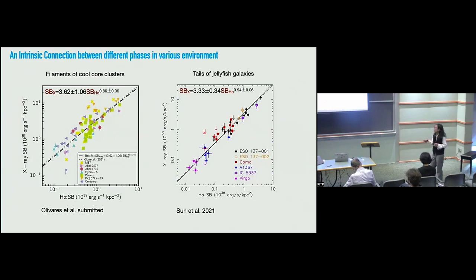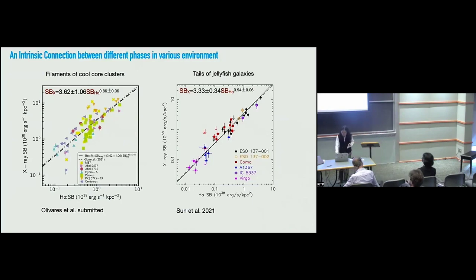It's actually very hard to visualize, because the solid line is our best fit and the gray dashed line is the best fit from the jellyfish galaxy result, and they almost overlap. It's so hard to see the difference. There is something very intrinsic connecting different phases in different environments.